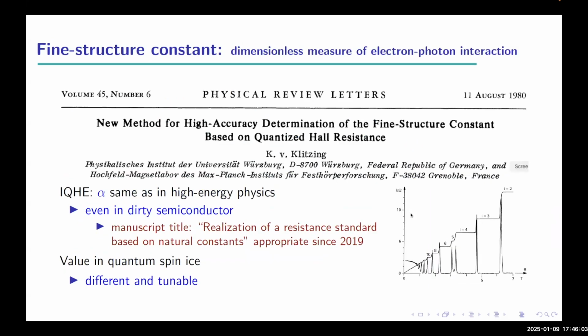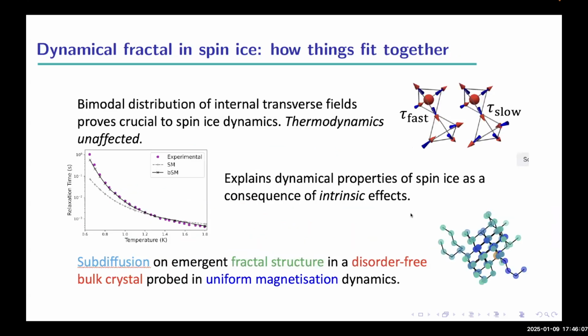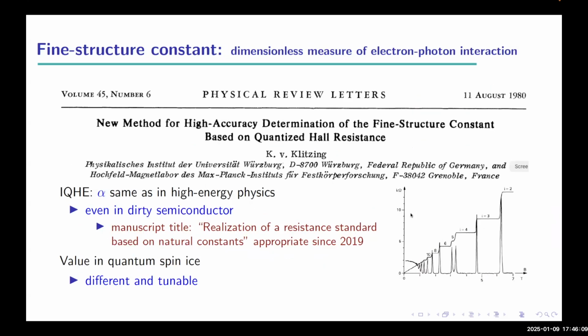As a small side remark, it's very amusing that you probably know the story about the quantum Hall effect, that the original submission of Klaus von Klitzing's paper had the title Realization of a Resistance Standard Based on Natural Constants. And a very clever referee pointed out, no. In the system of constants that you have, actually what you've measured is the fine structure constant.